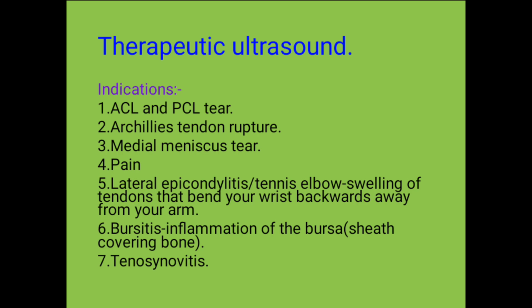So when those tendons get inflammation, there will be that condition which we refer to as lateral epicondylitis. There is bursitis, and bursitis is just the inflammation of the bursa, the sheath which covers a bone. So when it gets inflammation, that is what we call bursitis.